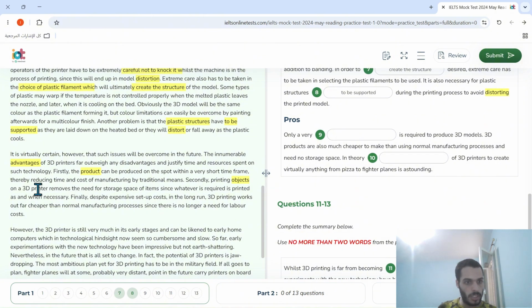Removes the need for storage space and reducing time and cost of manufacturing with traditional means.